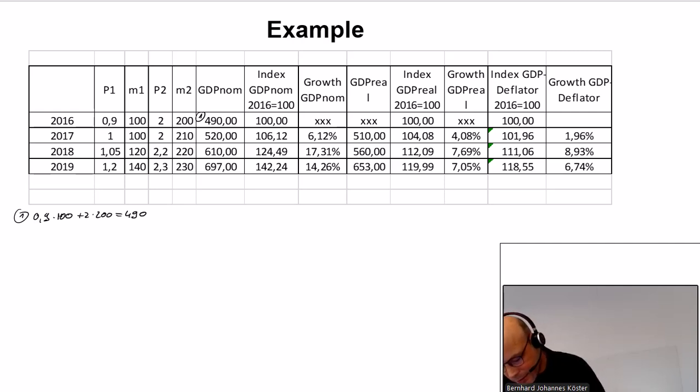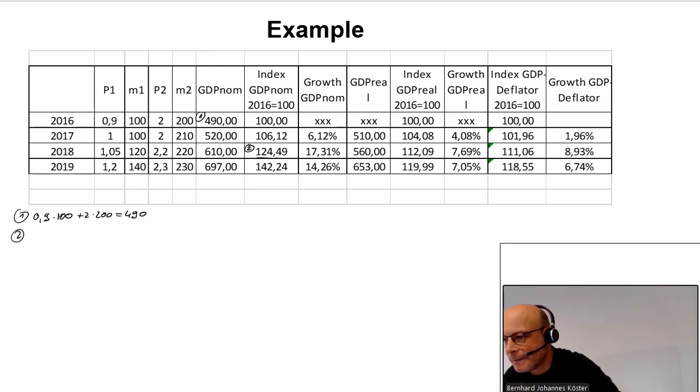Then let's take this growth rate here. What have we done, not the growth rate, the index, what have we done to get this index 124? No, this is, I see, not right.